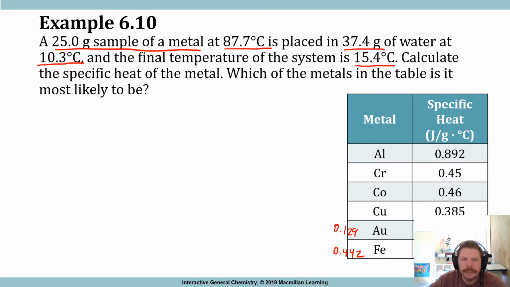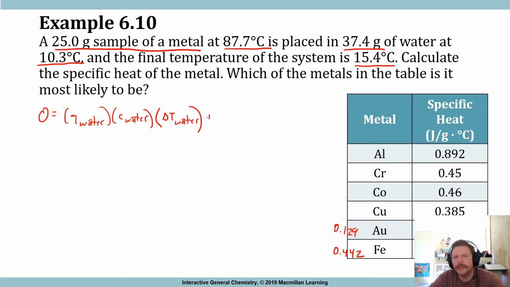The way that we need to set this up is 0 is equal to Q of our water, m times C of our water times delta T of our water, plus Q of the metal.